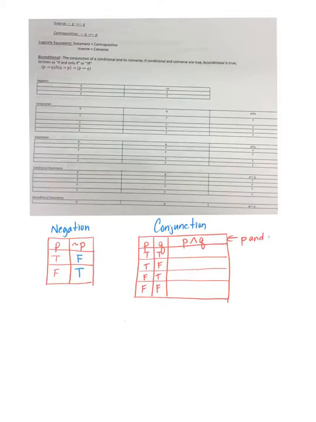P and Q. Well, the truth assignments for conjuncting these values, again, you have to memorize that true and true will always give you true. But anytime there's a false involved, it's going to make everything false. So anytime you P and Q, two trues, you get a true. When you P and Q any other combination, you get a false.